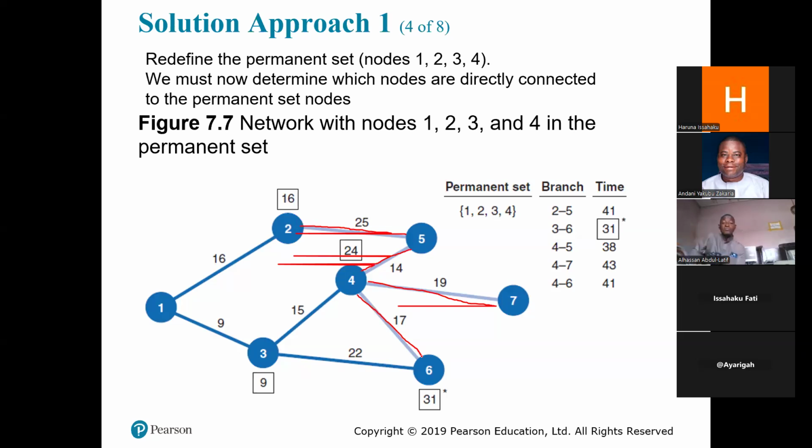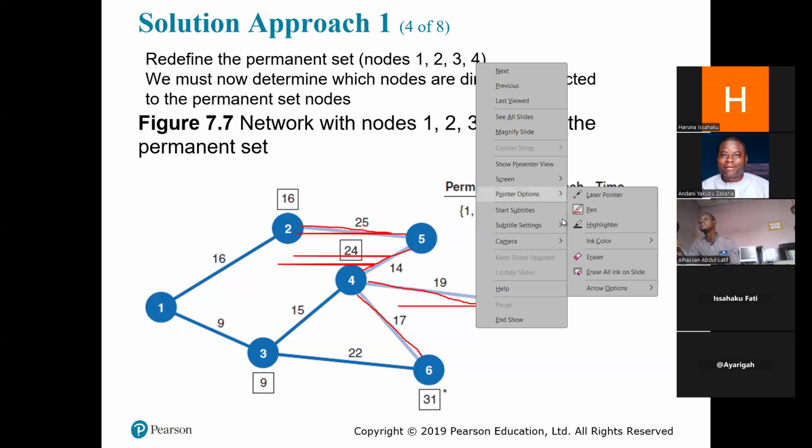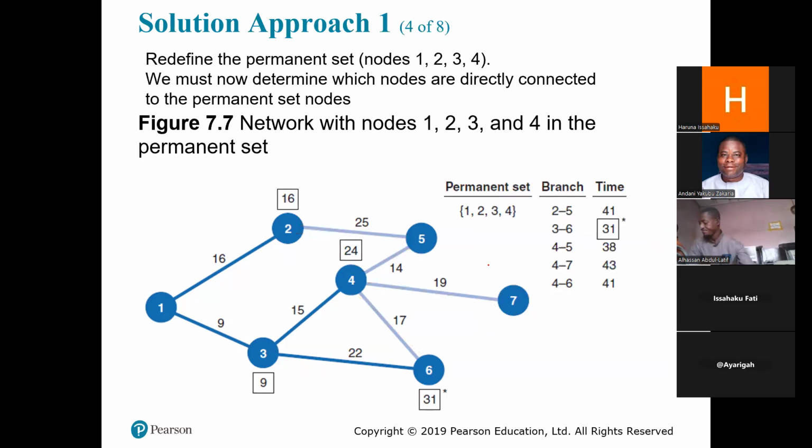So let's analyze them systematically. First, 2 to 5. What will be the time travel? You see that it will be 25 plus 16, which is 41.